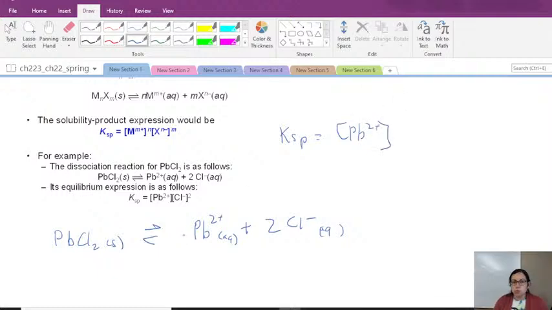In this case, it's just 1, because we just made 1, times our concentration of chloride. And then notice we have to square it, since we have a 2 there. And so that just gives us our KSP expression: the concentration of lead times the concentration of chloride, squared to account for the 2 equivalents there.